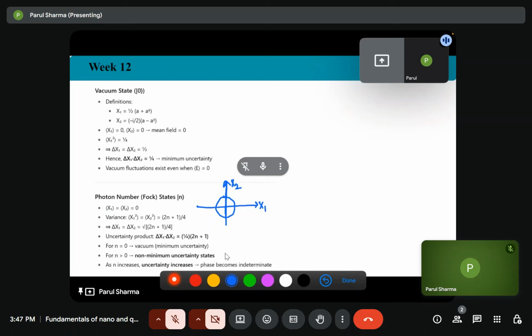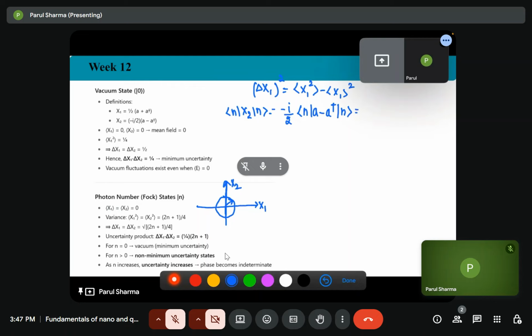So we want to calculate delta x1 again. So this time we will try with x2, which is minus i by 2 times a minus a dagger, on n.